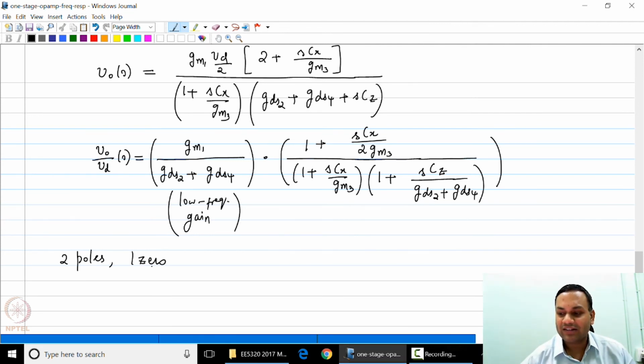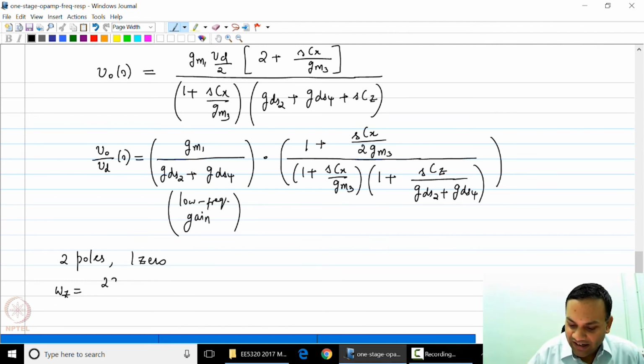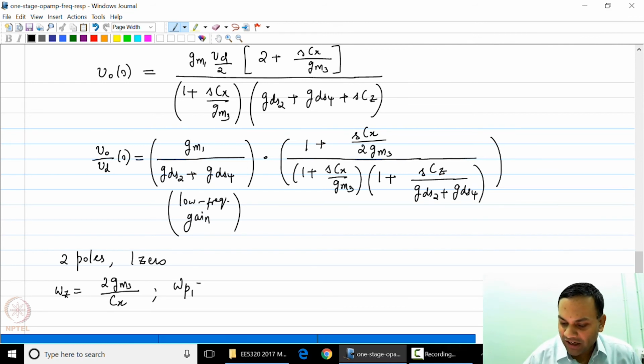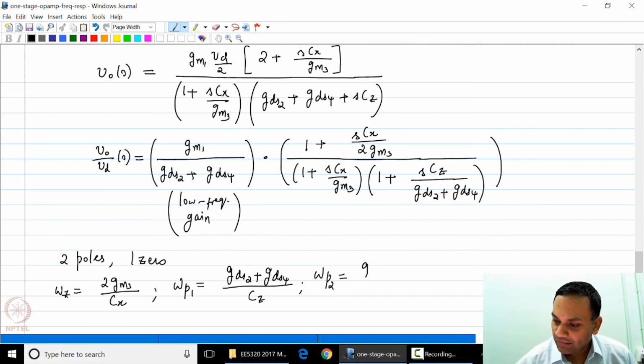So that is the first thing we will understand. And the second thing to realize is the positions of the poles and zeros. So omega z is at 2 GM3 over Cx. The first pole omega p1 is at GDS2 plus GDS4 over Cz, and the second pole is at GM3 over Cx.